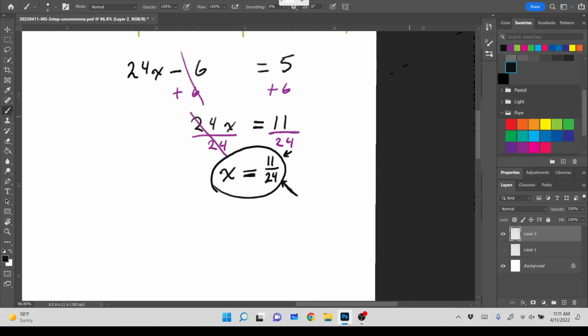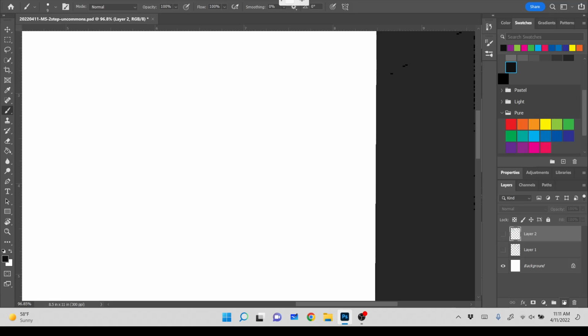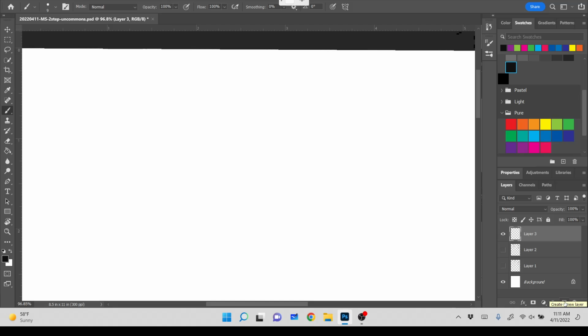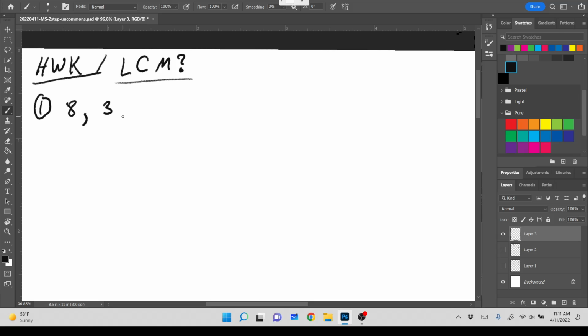Okay, let's write down some homeworks. Homework number 1. For these first few, we're going to find the least common multiple. Number 1, find the least common multiple between 8, 3, and 2.